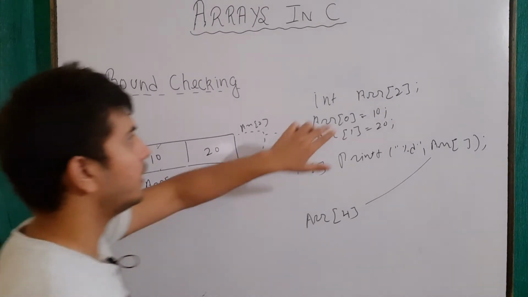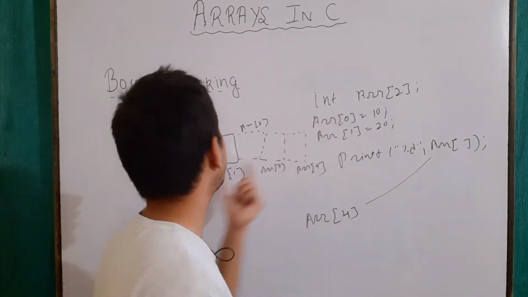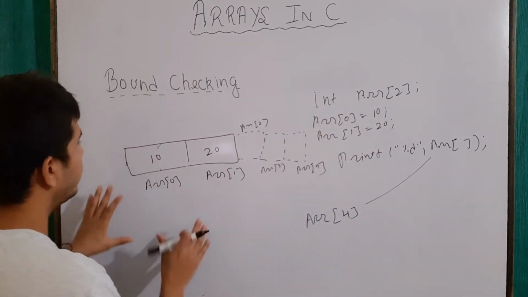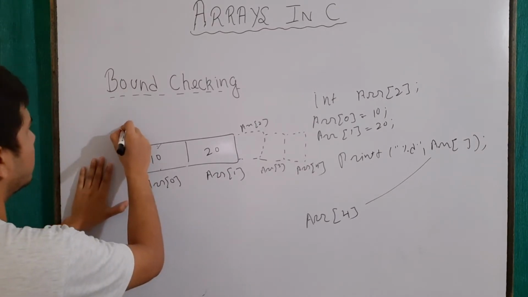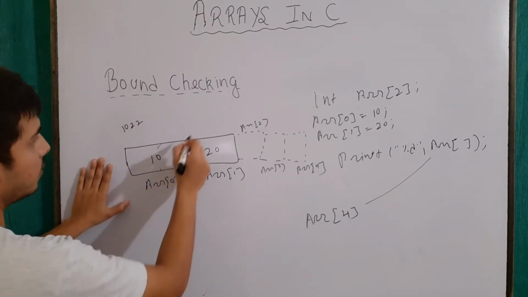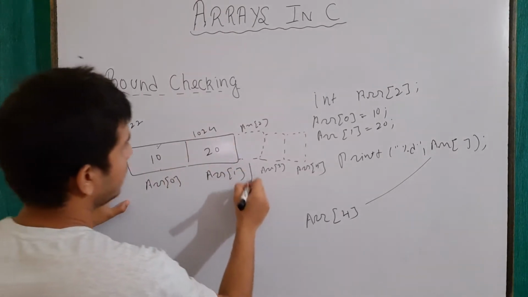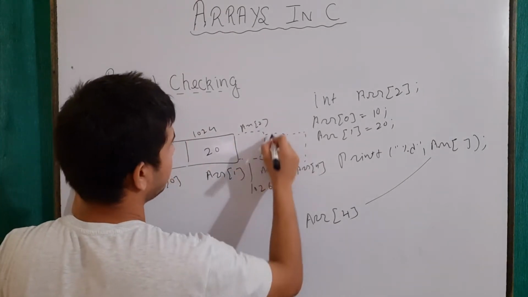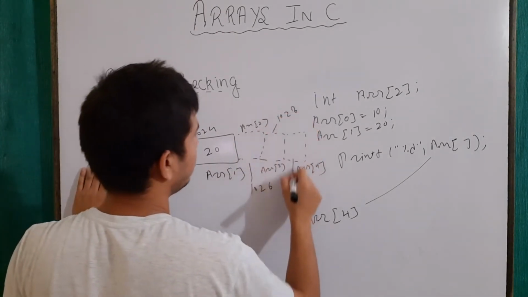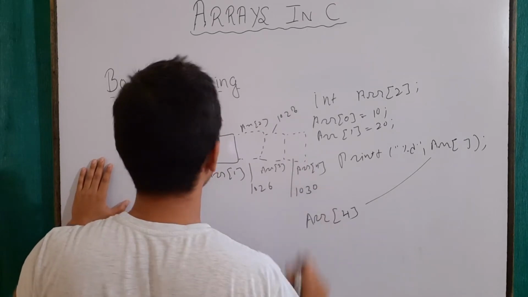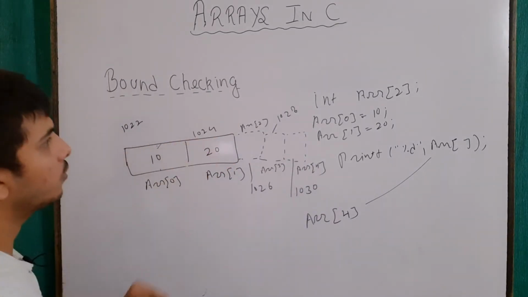We know that an array is given contiguous memory locations. Say this was memory location 1022, then 1024, 1026, 1028 and 1030. I'm considering 2 bytes for an integer here.